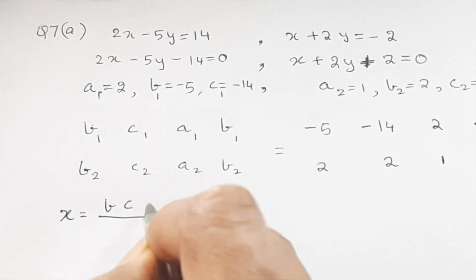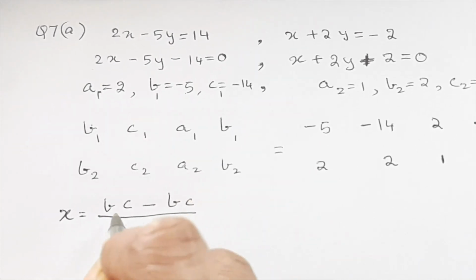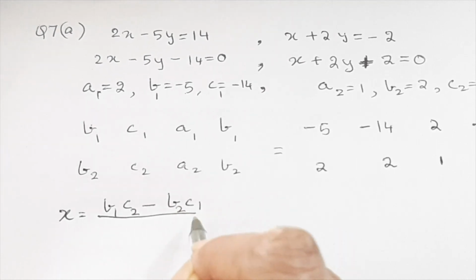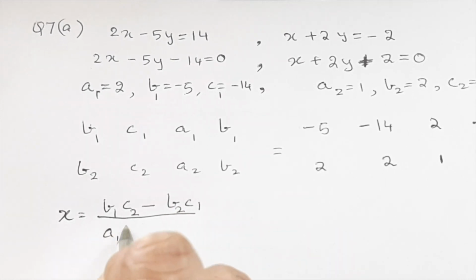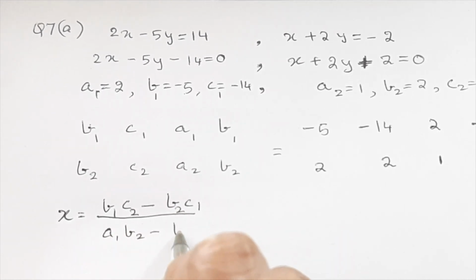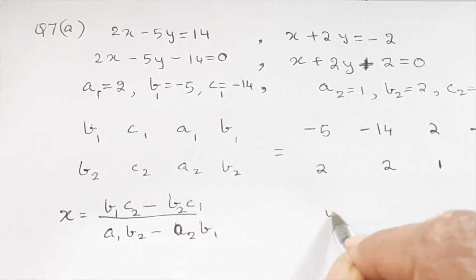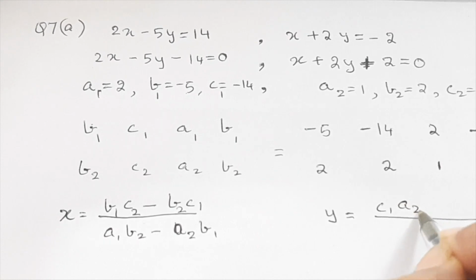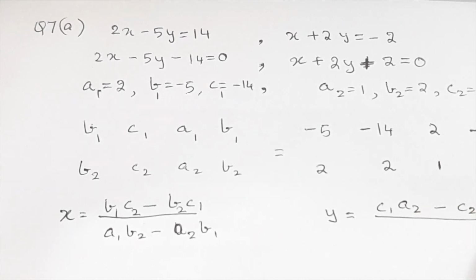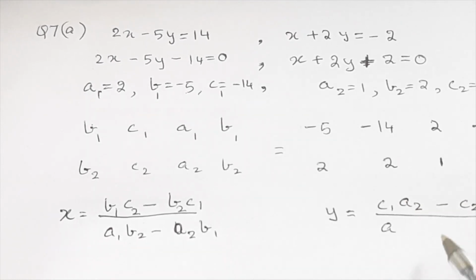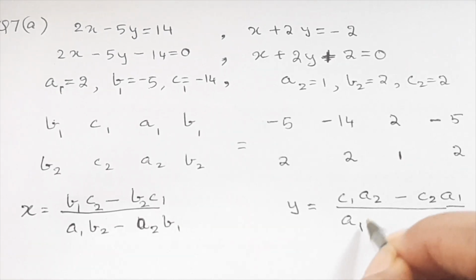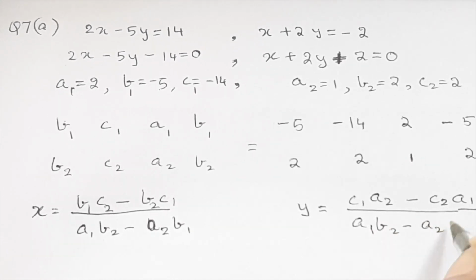It will be, write BC minus BC. So it will be B1 C2 minus B2 C1 upon A1 B2 minus A2 B1. And this side we will write the y formula, which will be C1 A2 minus C2 A1 upon this denominator, and this denominator will remain the same. So A1 B2 minus A2 B1.